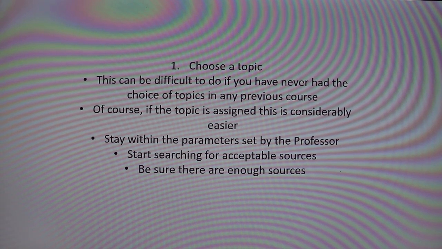First of all, of course, you have to choose a topic. Depending on what class you're in is going to depend on what type of topic you choose. Sometimes topics are assigned. Of course, this makes it a lot easier. But most of the time, in my experience teaching and from when I was a student, you have to really focus on staying within the parameters set by the professor.